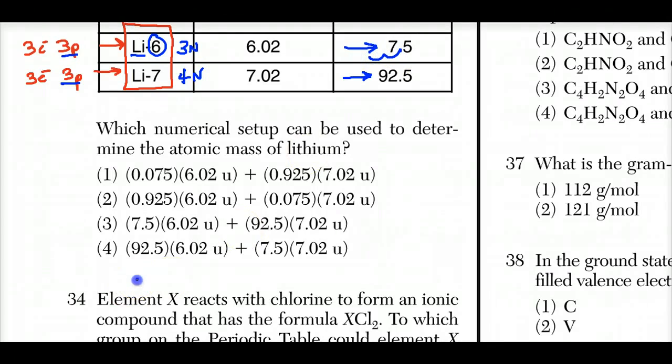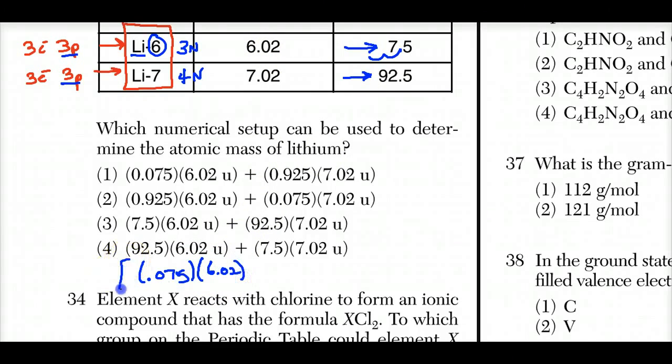So you take 0.075, moving it 2 places, and we're going to times that by 6.02. That's its mass.